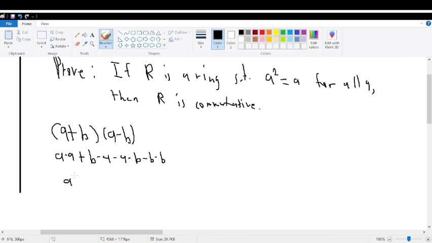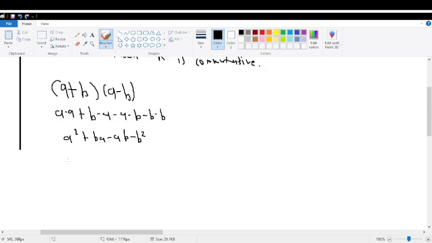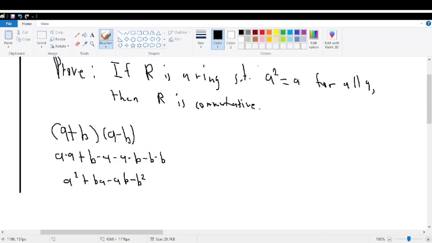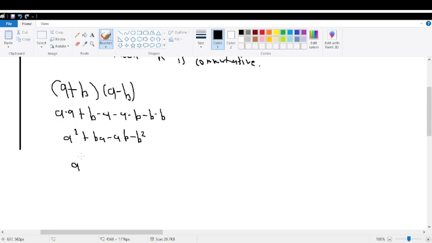So we get a squared plus ba minus ab minus b squared, which, because of this up here, is just equal to a plus ba minus ab minus b.